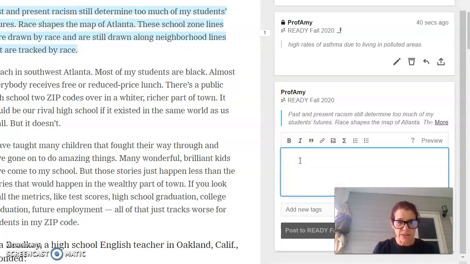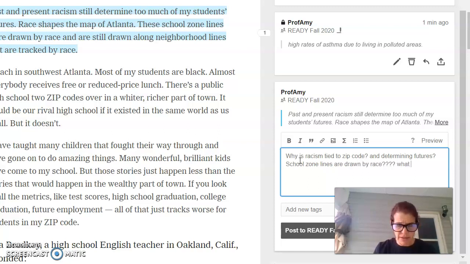I want to make a note about this: why is racism tied to zip code and determining futures, and school zone lines are drawn by race.